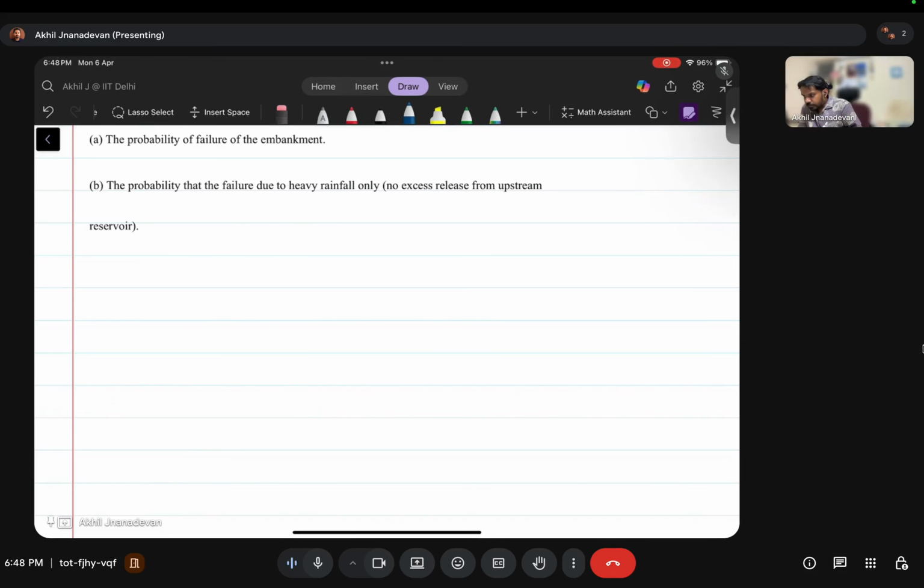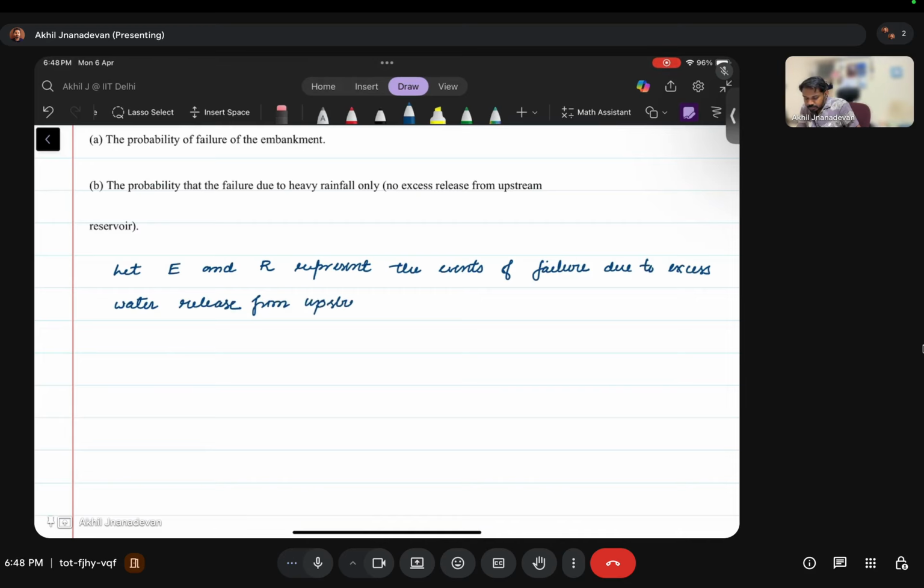So first, I'm calling the events E and R. Let E and R represent the events of failure due to excess water release from upstream, so that is the first event E, and failure due to heavy rainfall, that is R, respectively.